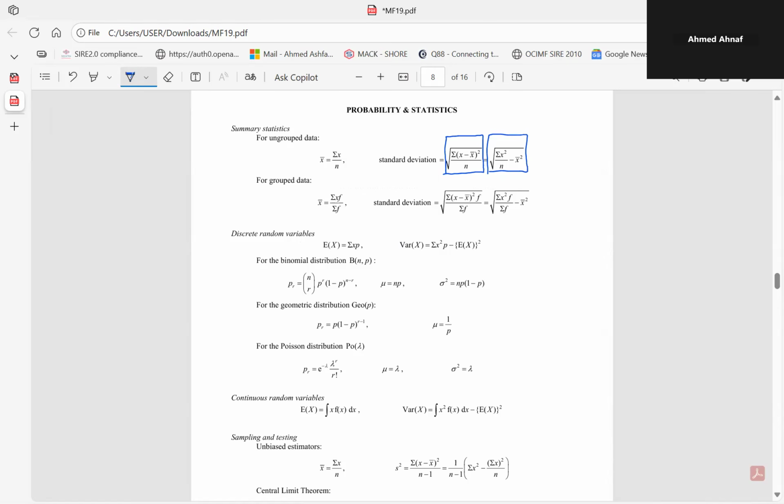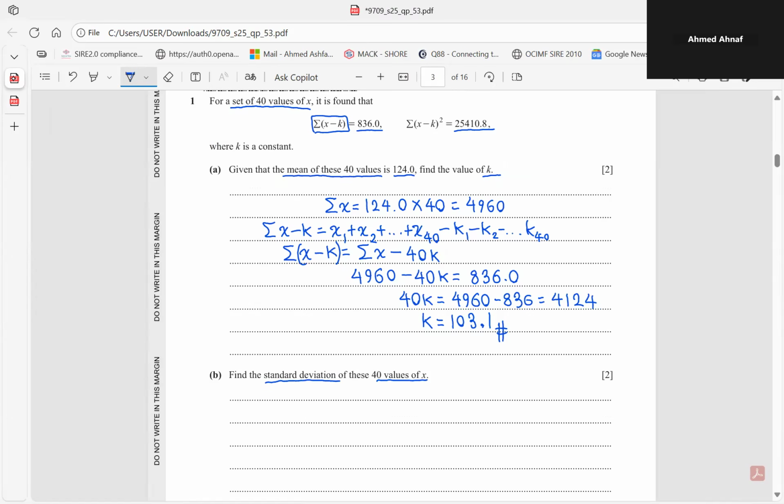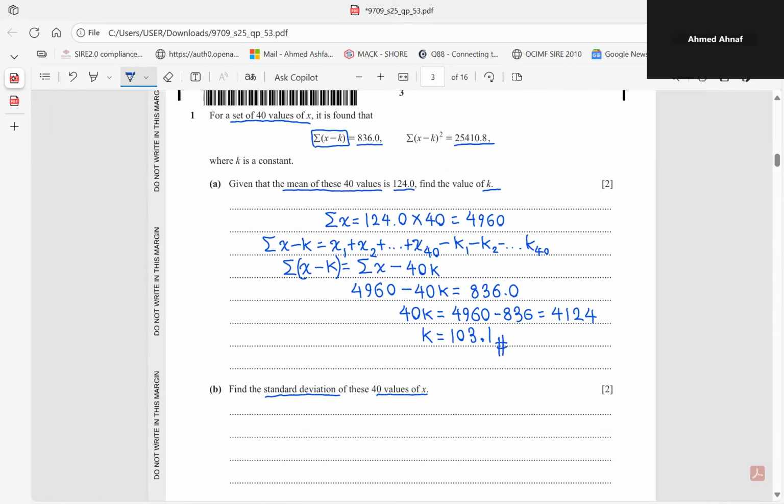Yeah. So for standard deviation, even if you minus each value by a constant k, the standard deviation doesn't change because standard deviation measures the spread of data, like how spread out all the values of x are.